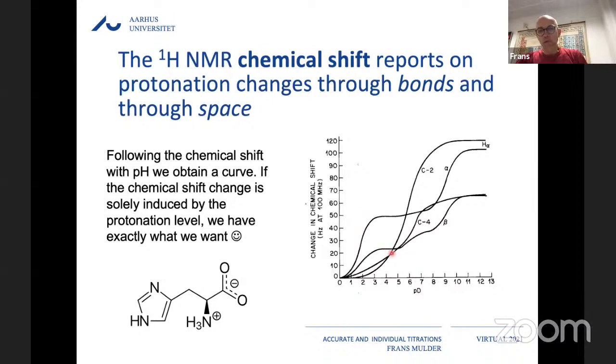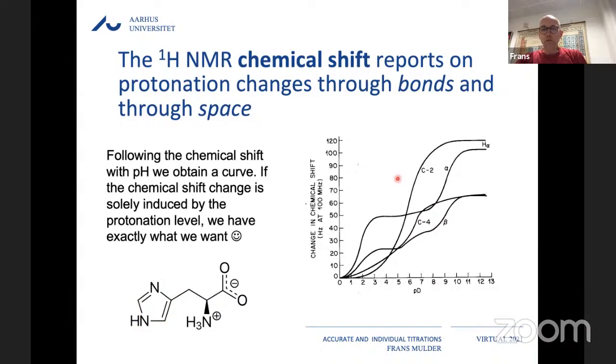So for example, if one follows the titration curve, so the chemical shift of the resonance on the ring, then one sees a 2-step titration with a midpoint somewhere close to 6, which of course coincides with the pKa value of the histidine side chain, of the imidazole ring.